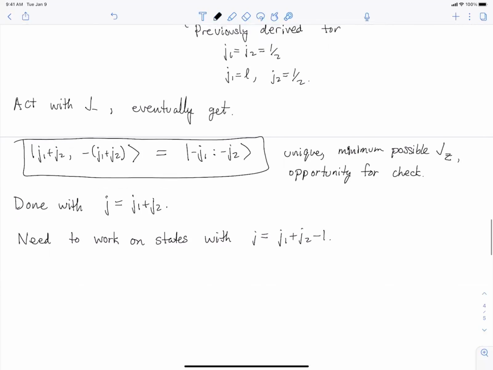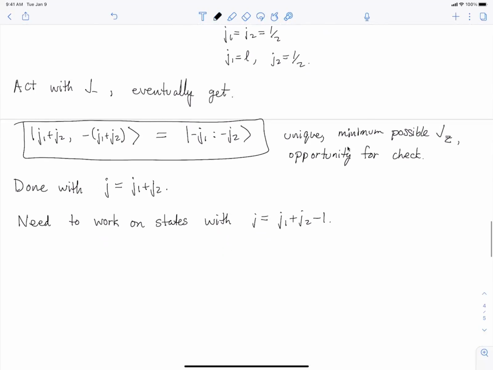Okay, and so we're going to actually be repeating what we've done in the special cases, but now just with more generality. So we start with the maximum value that M can have. And the largest possible value M can have is J1 plus J2 minus 1, because that's what J is.